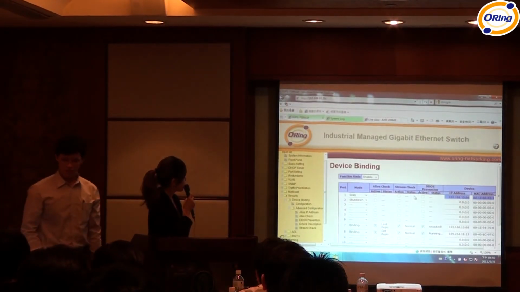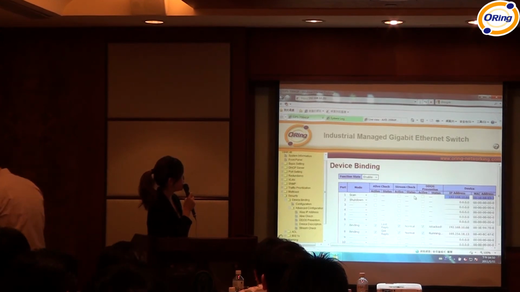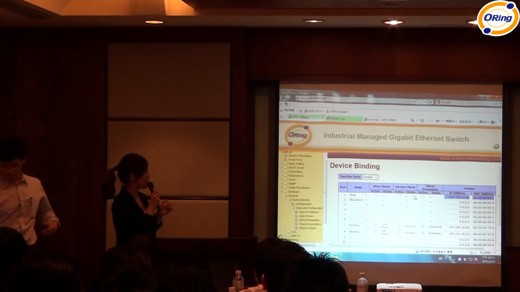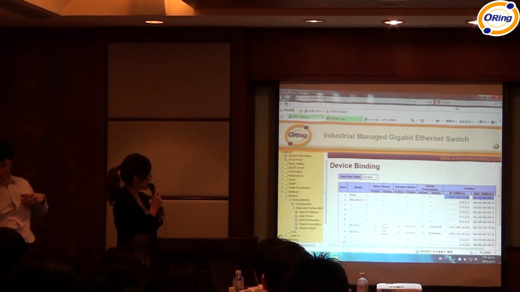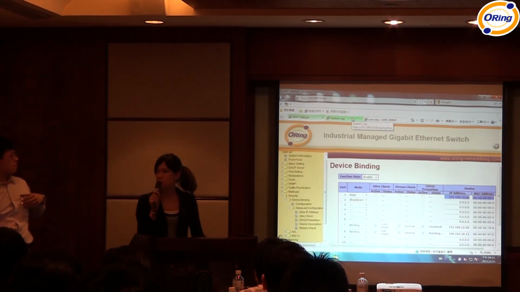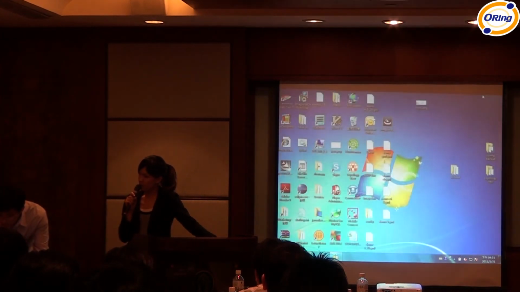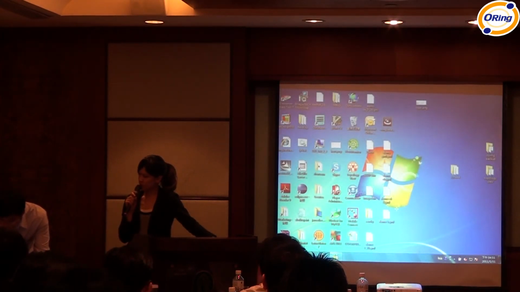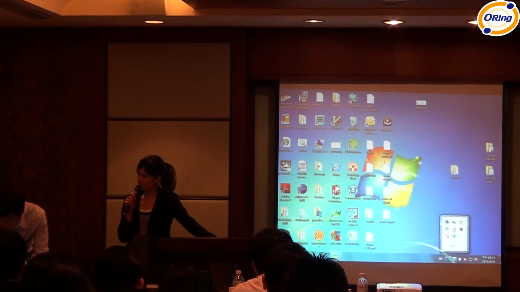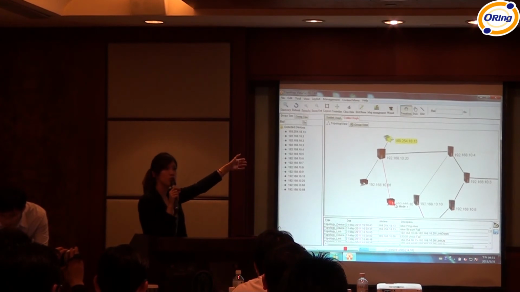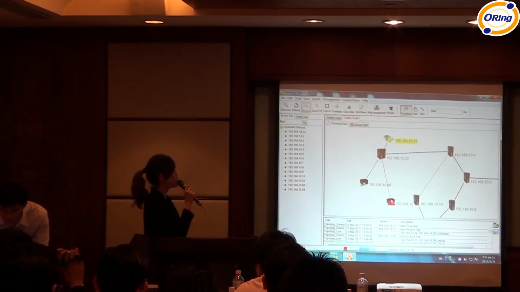That's the advantage of having this new technique, device binding. When we go back to the topology view, we can also see the cameras. It also shows you here that something is wrong.